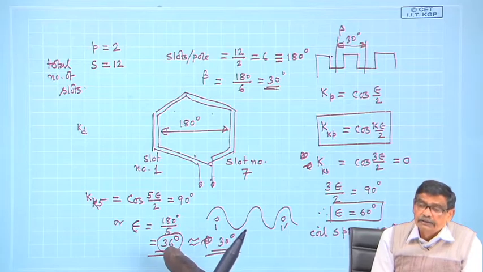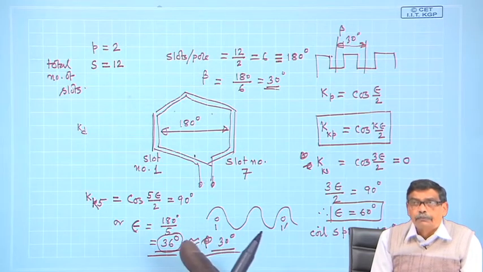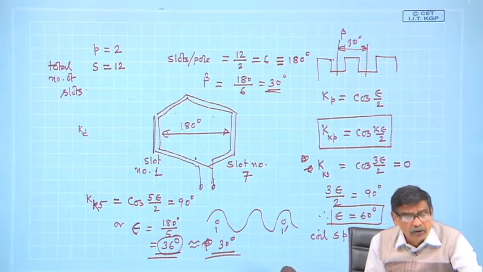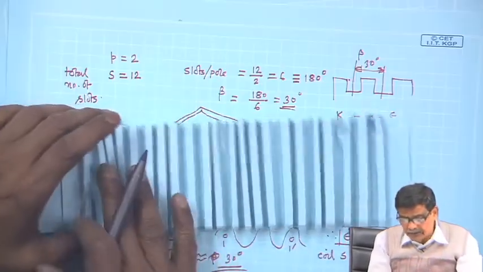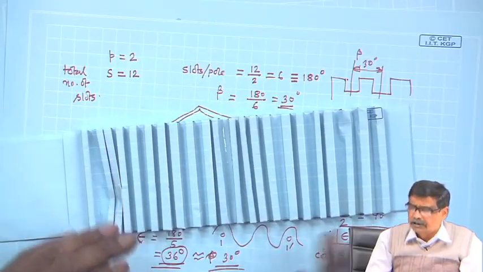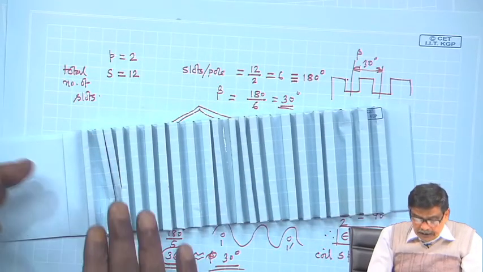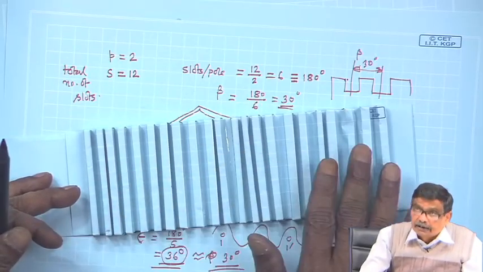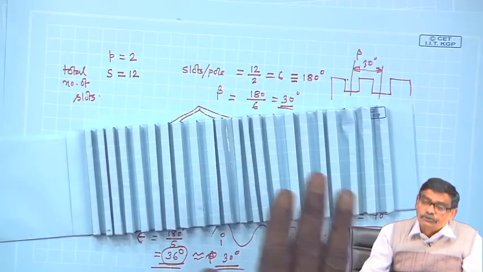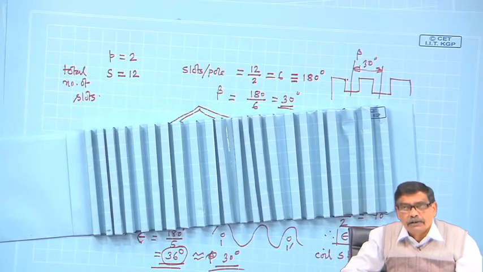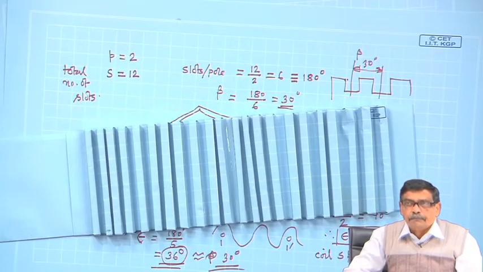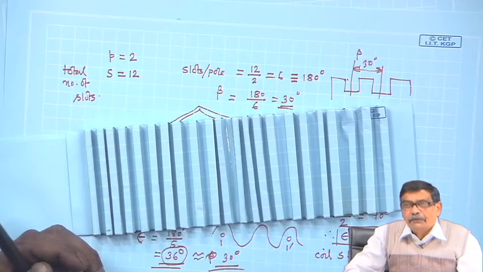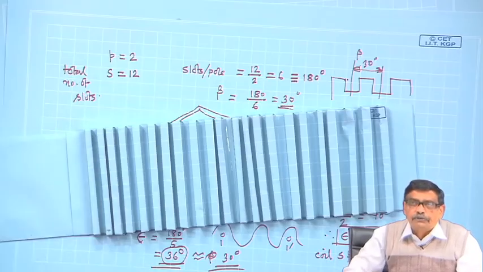Why is it necessary? Distribution of the coils primarily means that you use more of the slots. That is one aspect. The second aspect is, if these coils are distributed, when they carry current they will also produce an approximately sinusoidal B distribution, because a single coil produces a rectangular MMF or B distribution.